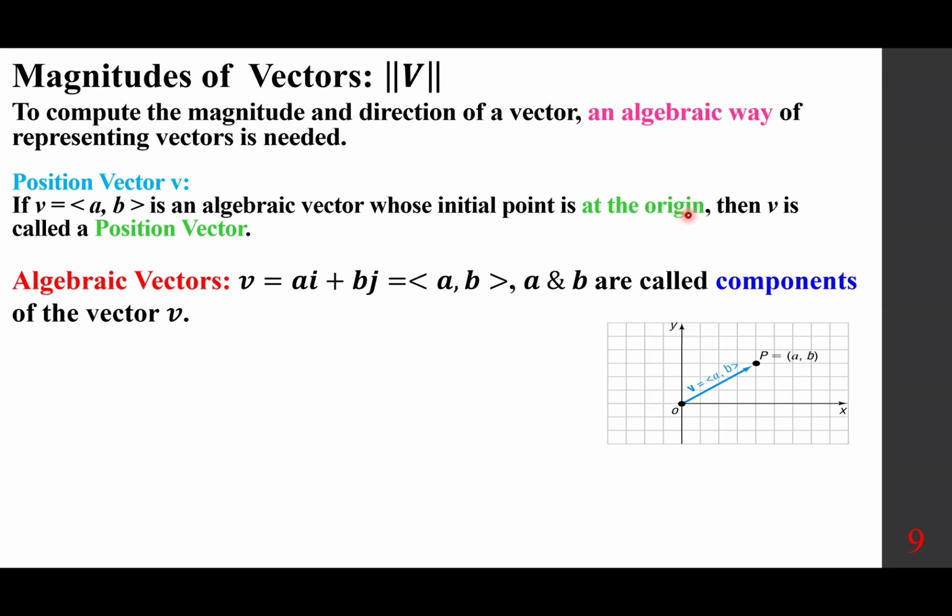So v equals ai plus bj, or with the brackets, these are special brackets for vectors, a comma b, where a and b are called components of the vector v. So what are the components? a and b, components.